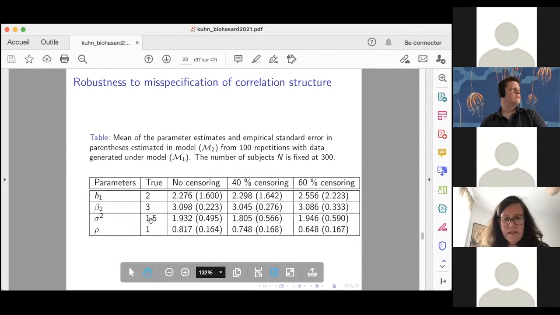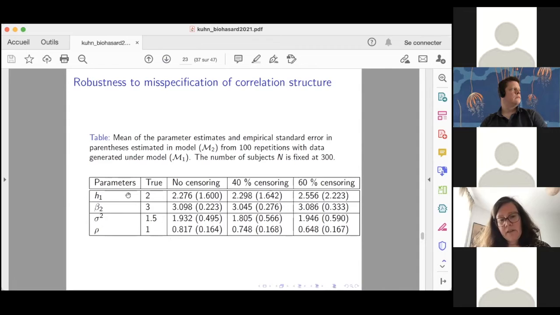And so you can see that for the parameter from the baseline, there is a little bias in the estimation regarding the true values. The regression coefficient is quite well estimated in all the settings.